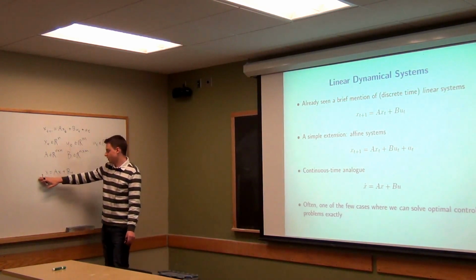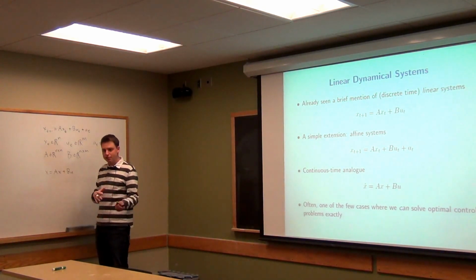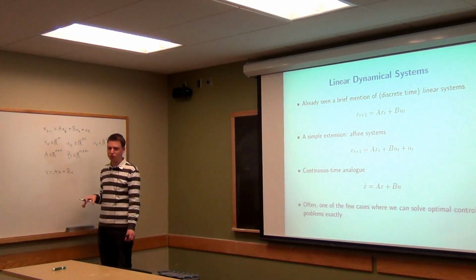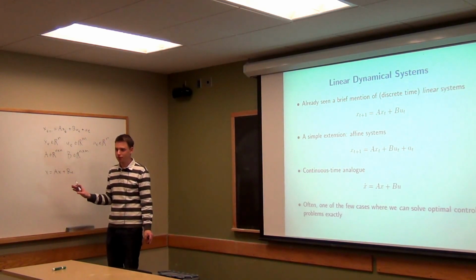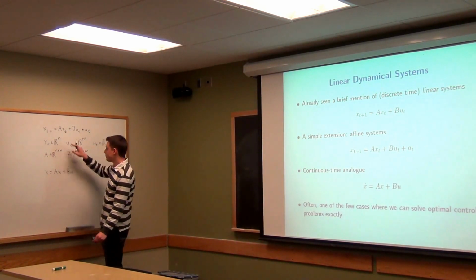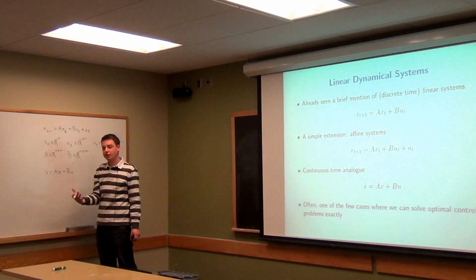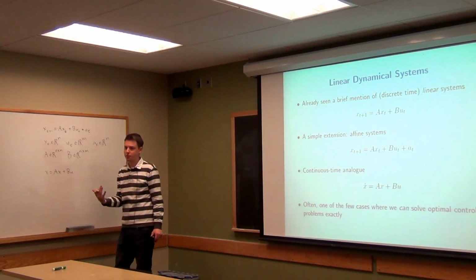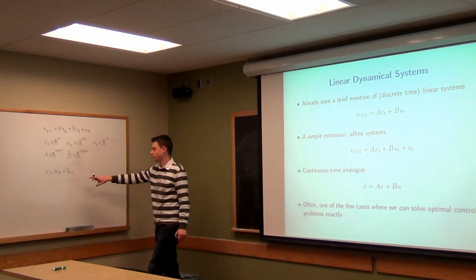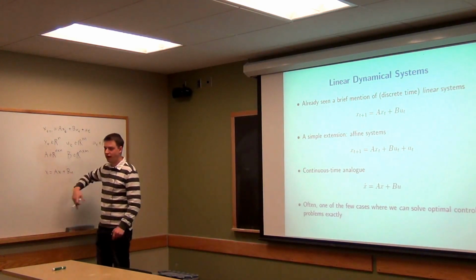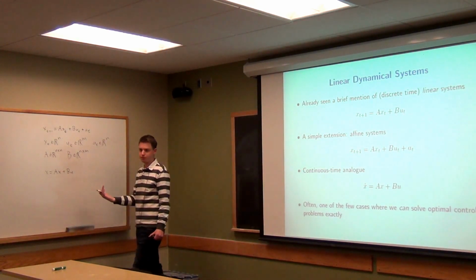The form here is the same as it was before, but they mean different things now. It doesn't prescribe what the next state is. It prescribes how the current state changes, given the current state and the control input.